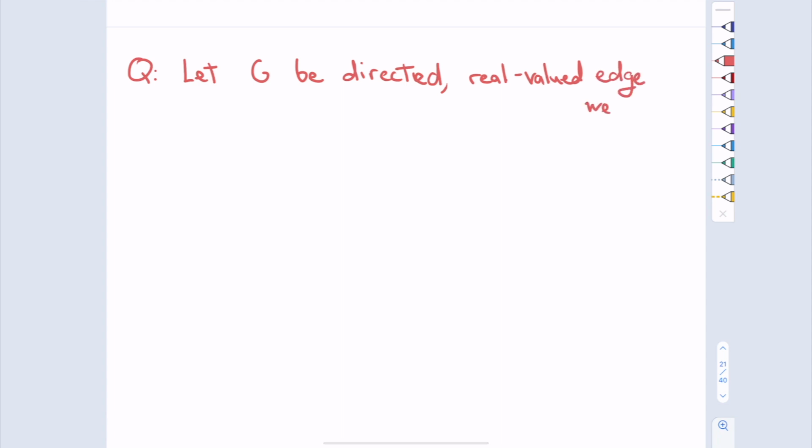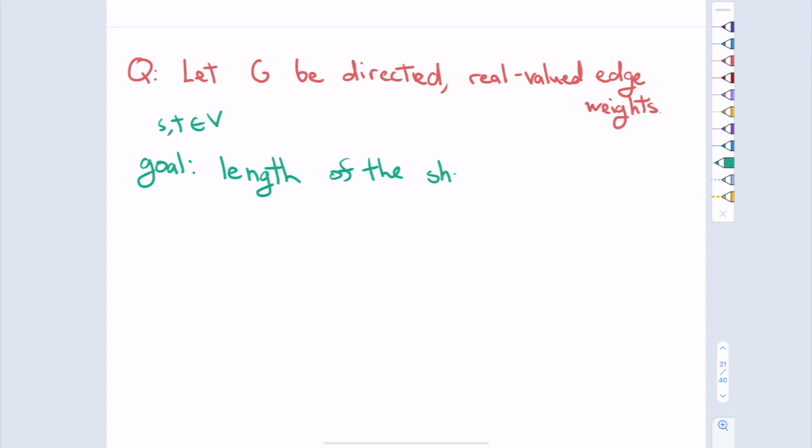And the goal, given two vertices s and t, is to find the length of the shortest path from s to t.